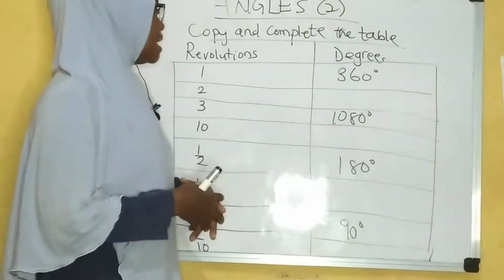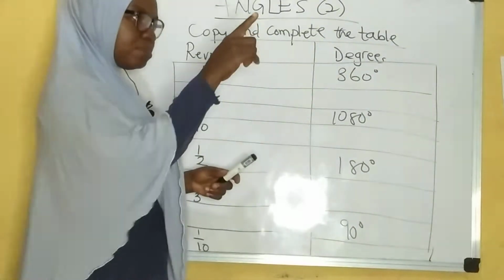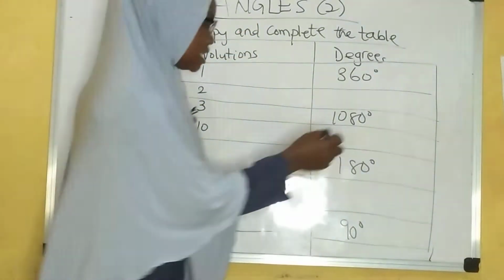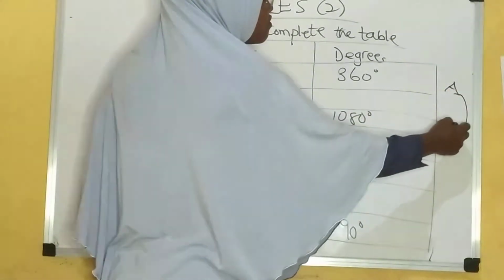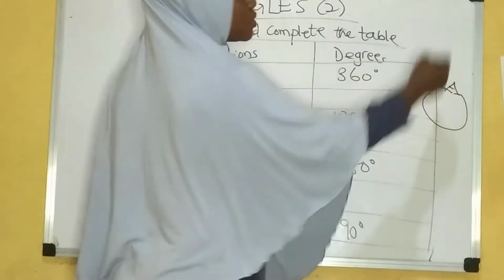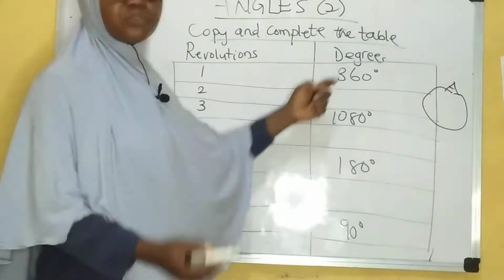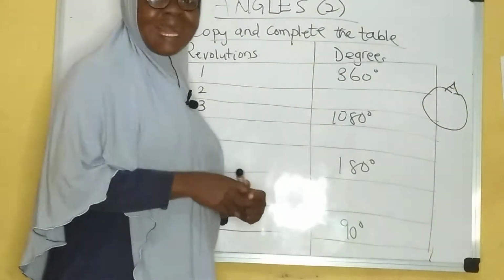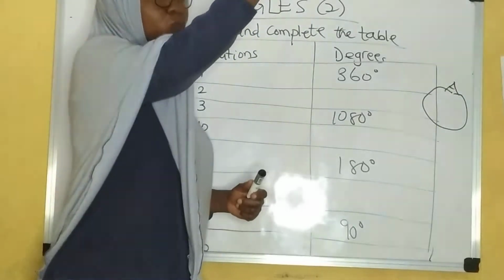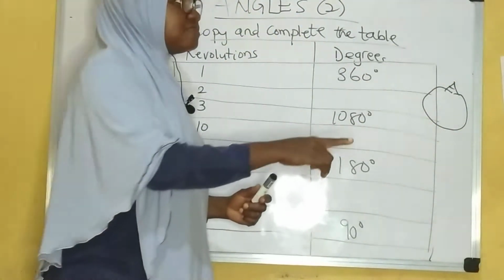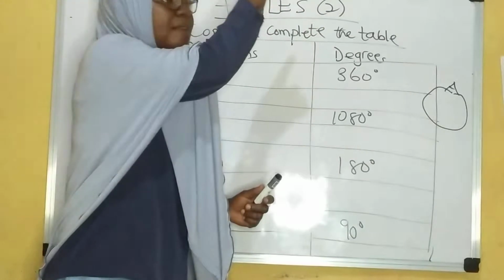Like the other time I told you, a complete movement is when you start from point A, start moving, and make a complete circle back to point A. It is measured as 360, just like the hands of a clock. The hands start moving from 12 and go to 1, 2, 3, 4, 5, 6, 7, 8, 9, 10, 11 and back to 12.